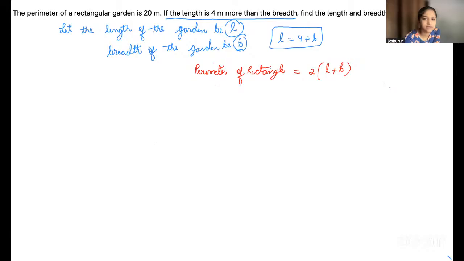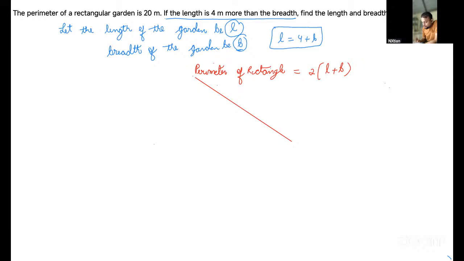Replace the L with the value of 4 plus B. Yeah. And we know the perimeter also, so we will replace that too. The perimeter of the rectangle is given as 20. So I will write 20 is equal to 2 into, and I will replace the value of L, so it becomes 4 plus B, plus B. Did you understand?